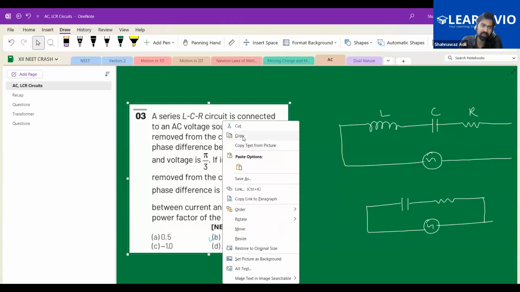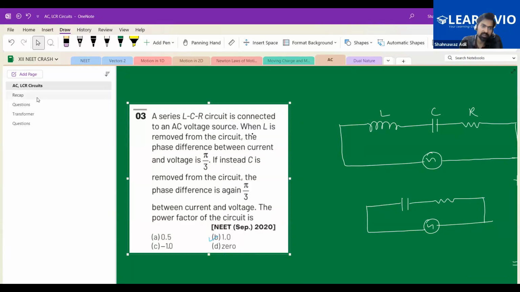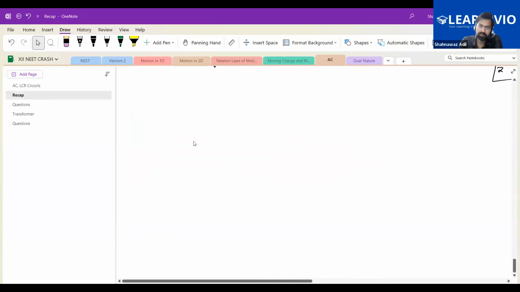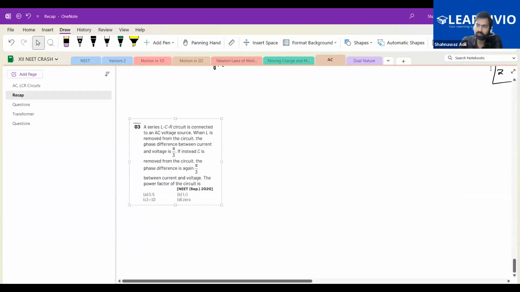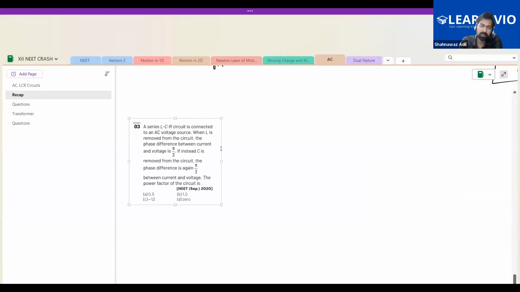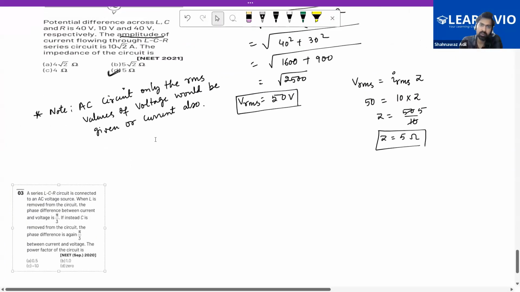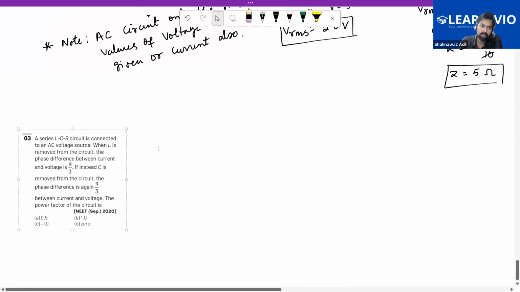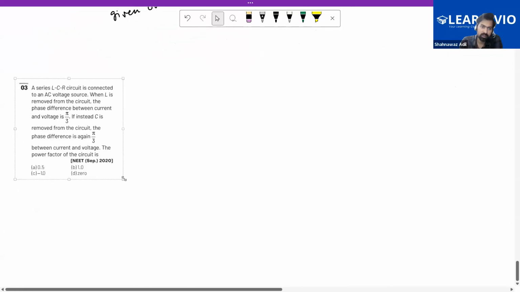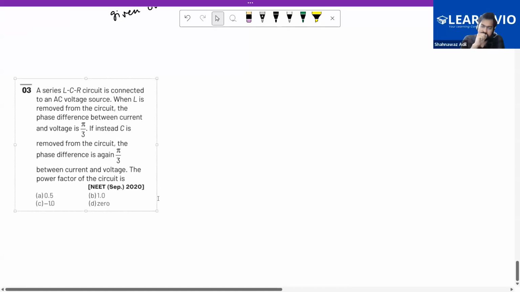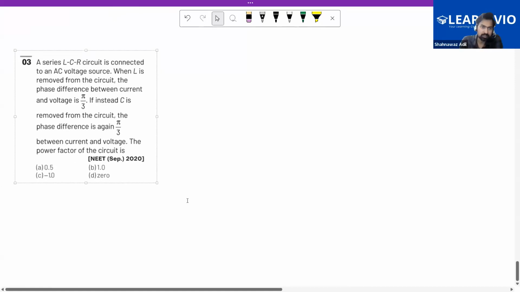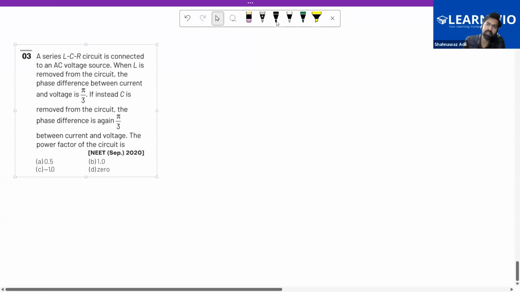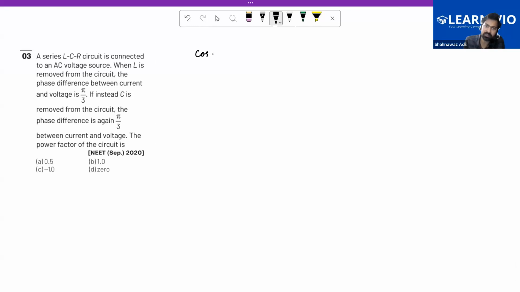And we already know what the power factor is. Power factor is cos phi, right?